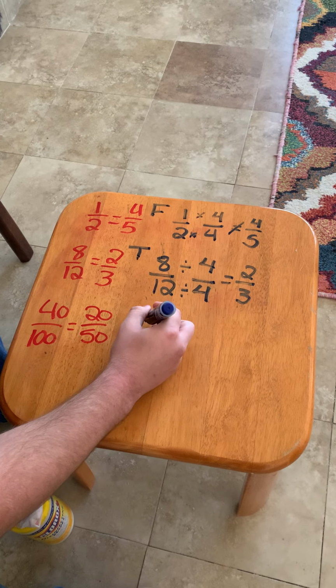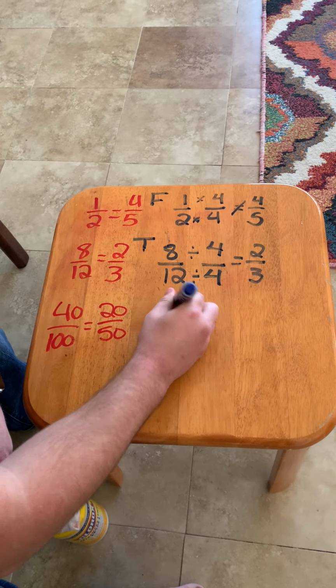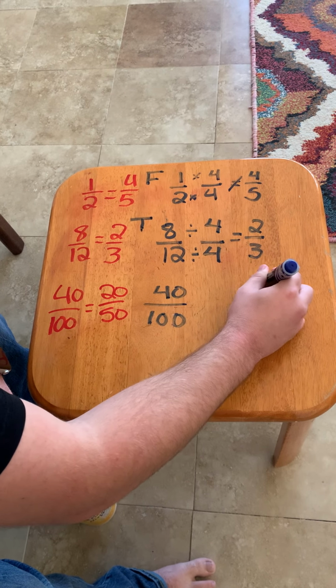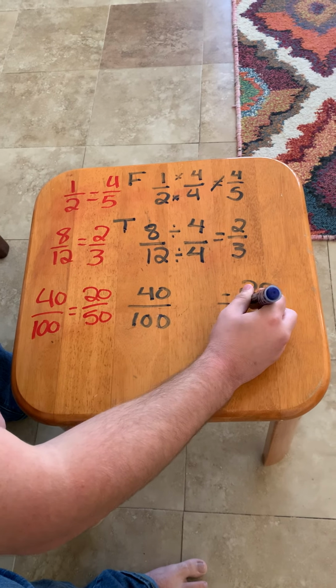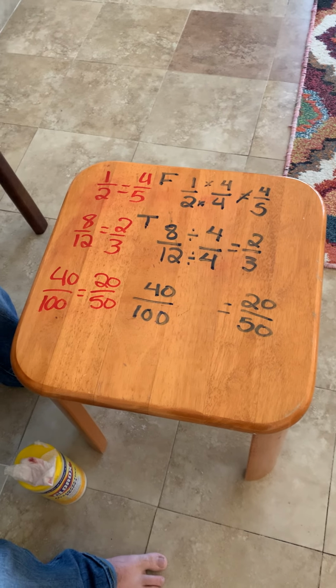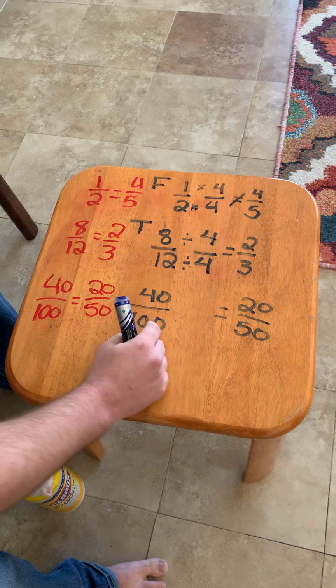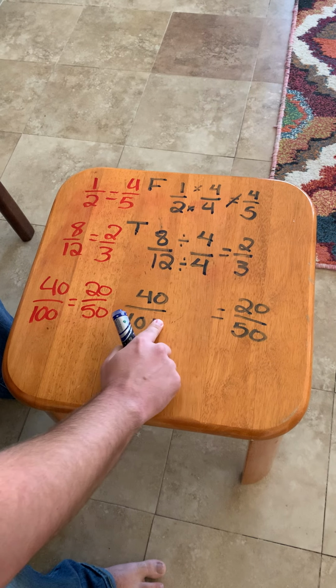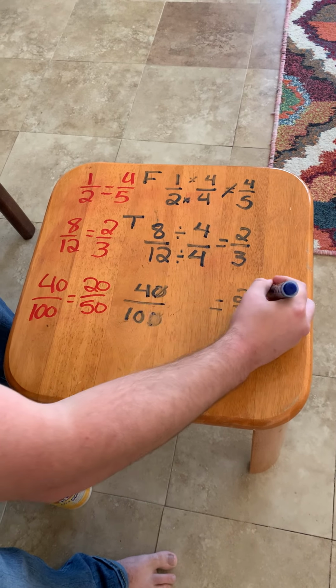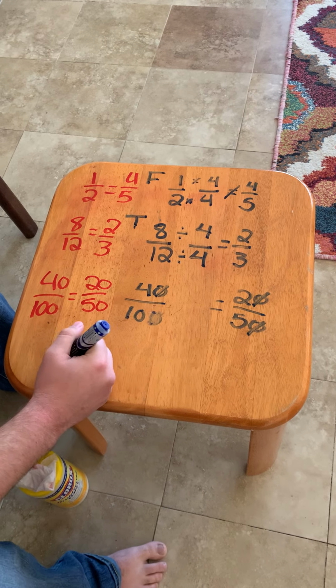The last one, we have 40 over 100. And we want it to equal 20 over 50. Now this looks scary, but if you're having issues with it, you can always just cross out a 0 on each of these, and you could technically still solve it that way.